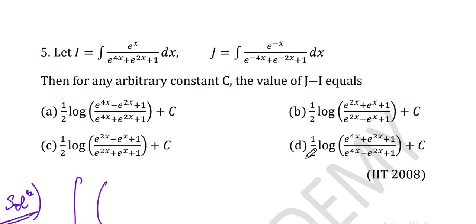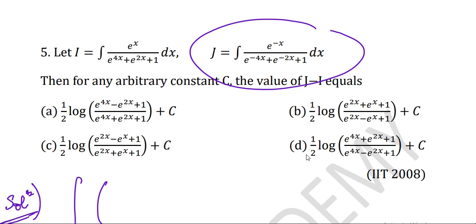So there is some specific trick in order to solve this problem. We can't easily simplify it; we have to bring this into a particular form. You can easily observe that we have e to the power minus x in the j, and in the denominator we have e to the power minus 4x plus e to the power minus 2x plus 1.